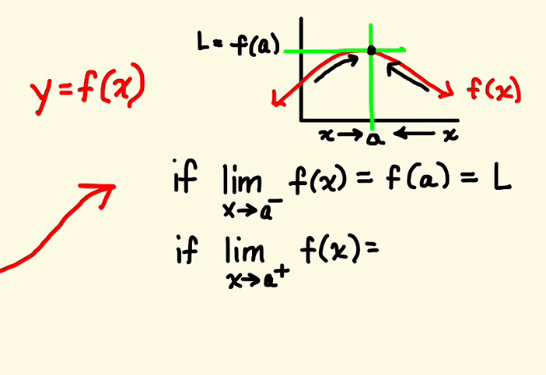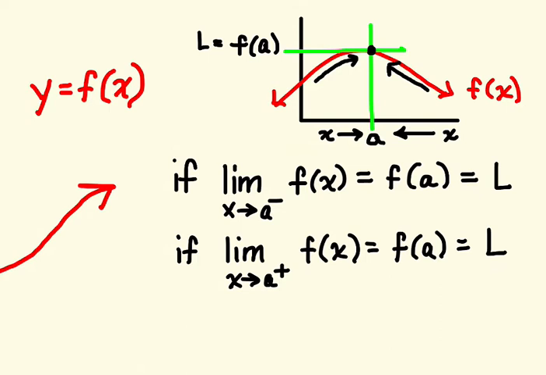I never get there, but I'm almost there. So I'm approaching a height of f of a, which means that the limit as x approaches a from the right exists. It's f of a. So f of a is the limit.